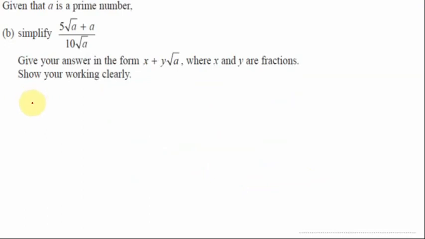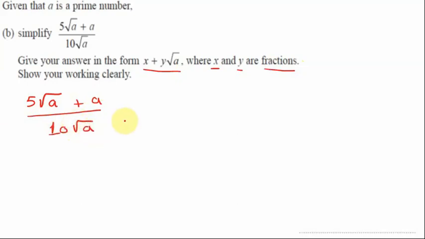Given that a is a prime number, simplify 5 root of a plus a over 10 root of a. Give your answer in the form x plus y root of a, where x and y are fractions. Okay, so we have 5 root of a plus a all over 10 root of a.